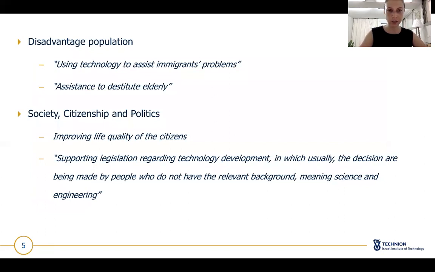So for a disadvantaged population, the student referred to using technology to assist immigrants problem. Another example is assistance to destitute elderly. Example for challenges related to society, citizenship, and politics were improving life quality of citizens or supporting legislation regarding technology development that the student think that in most cases are being made by people who do not have the relevant background.